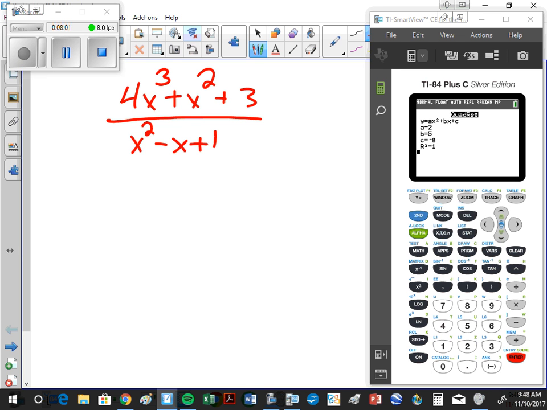Okay? And if you look at the brown box above, it says if we have a rational function with a polynomial on top and a polynomial on bottom, and the degree of the polynomial on top is one more than the degree of the polynomial on the bottom, so if the top is x to the third and the bottom is x squared, you'll have a slant asymptote.